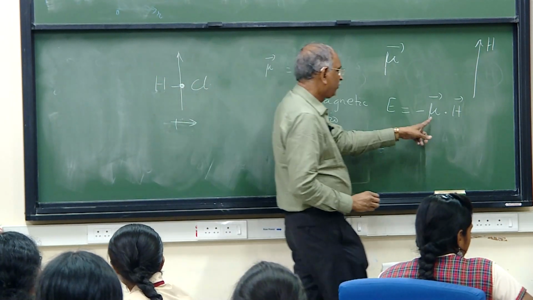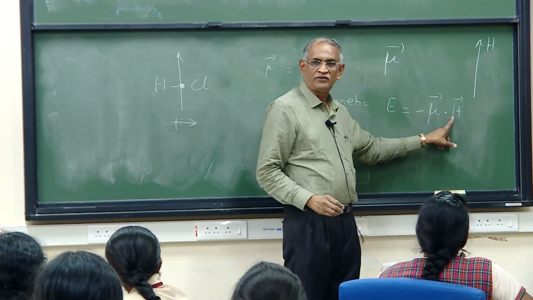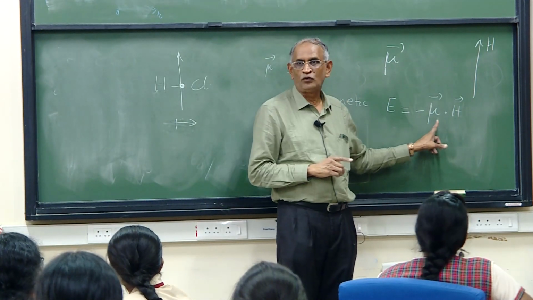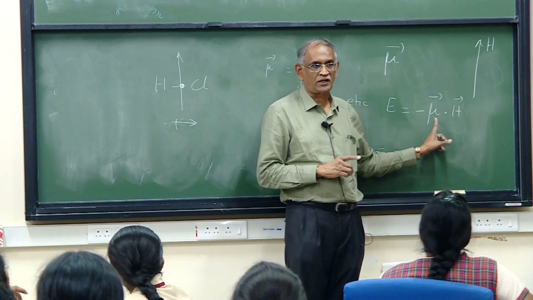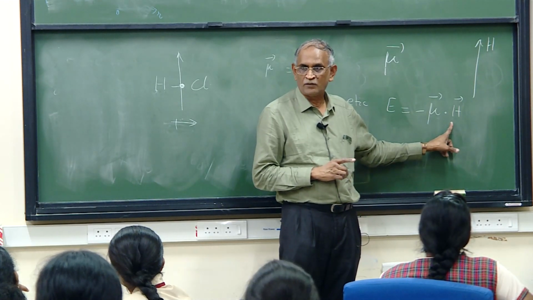This also can be aligned towards the field or against the field. If it is aligned towards the field, mu dot H is mu times H times cos theta. I remember the formula for the vector scalar product.